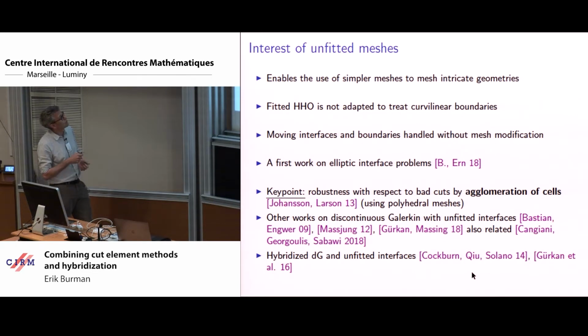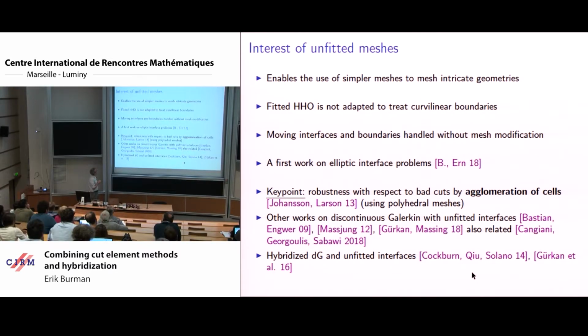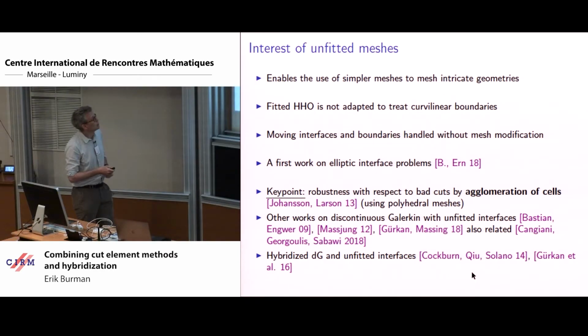So it can still give us an advantage to simplify this meshing process. And then fitted hybrid high order methods are not adapted to curvilinear boundaries. So this approach is a very simple way of tackling that and introducing a method where you can have curvilinear boundaries. And as I said, moving interfaces and boundaries can be handled without mesh modification.